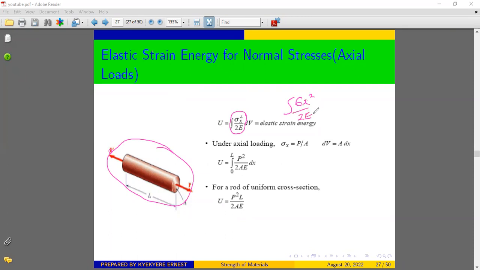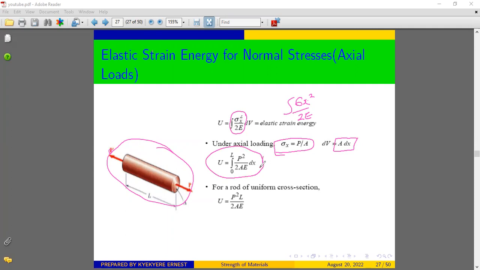So this is the strain energy. But from this formula, we know that the stress is equal to P over A, and the volume is A dx. So when we substitute the volume and then the stress into this formula here, and we simplify, we are going to get this formula.